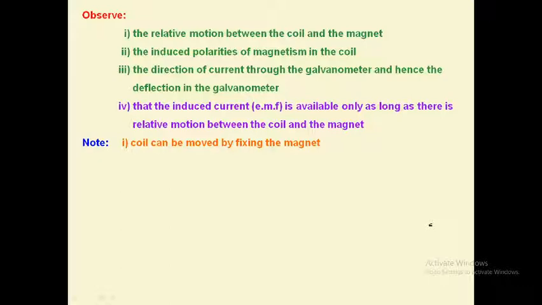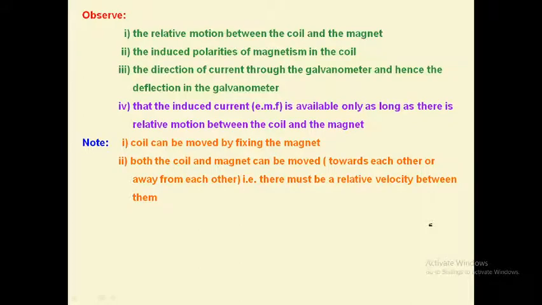Now, an important point to keep in mind is that it is not the magic of motion of the magnet. The same thing can be achieved by keeping the magnet fixed and moving the coil. Even both the coil and magnet can be moved, maybe towards each other or away from each other. What is important is there must be a relative velocity between them.